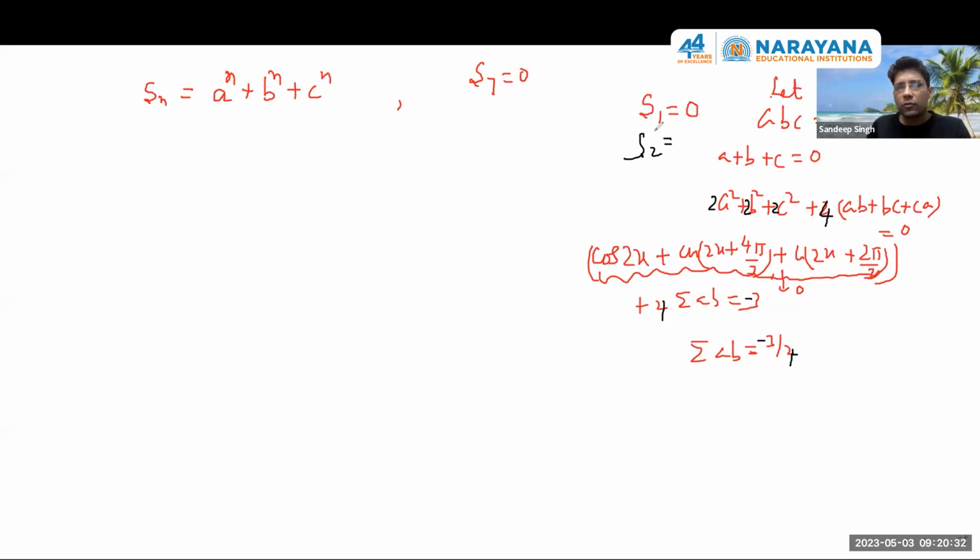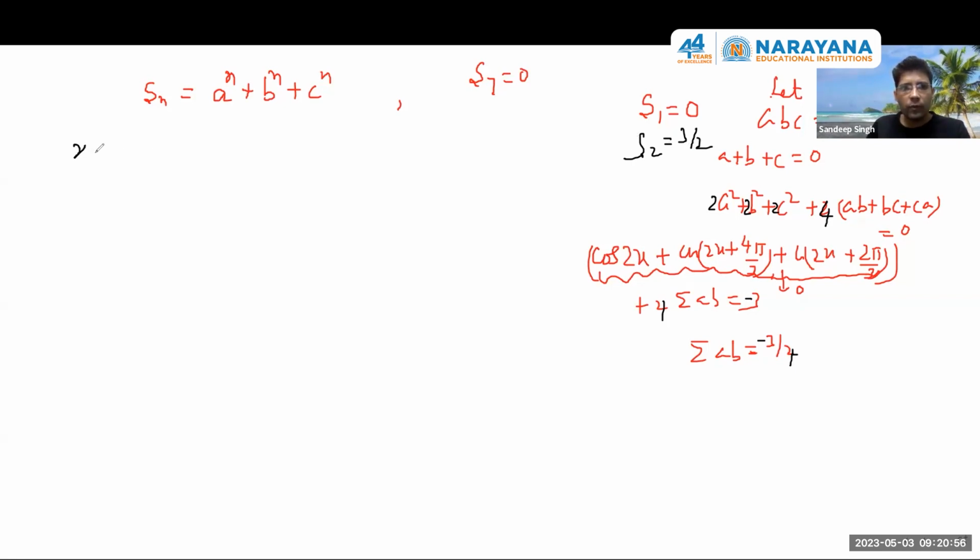Cos square plus cos square plus cos square, what is that? Not minus 3 by 2, plus 3 by 2. Correct. S2 is 3 by 2.